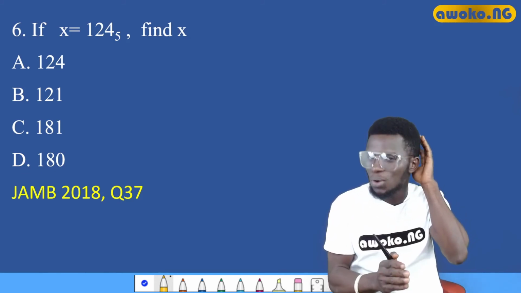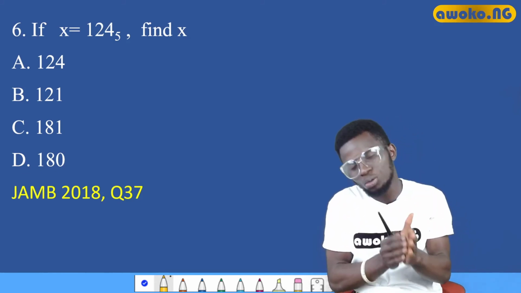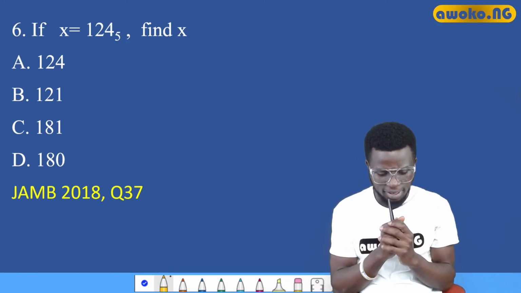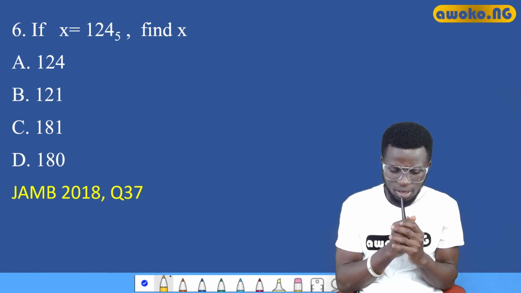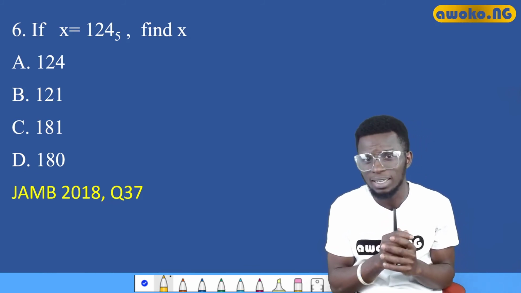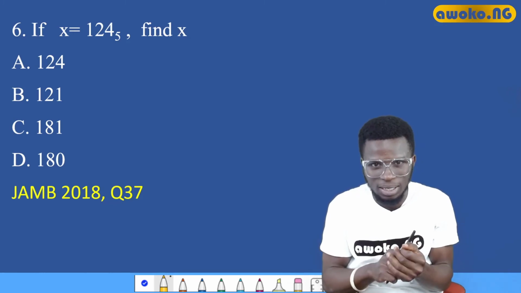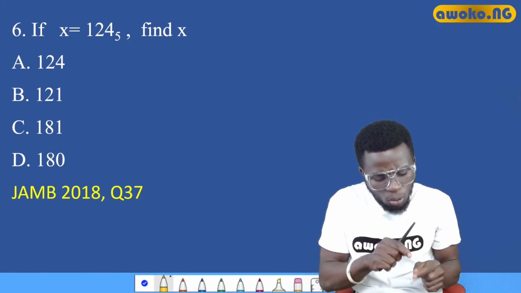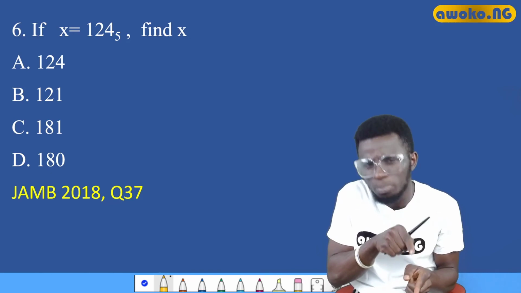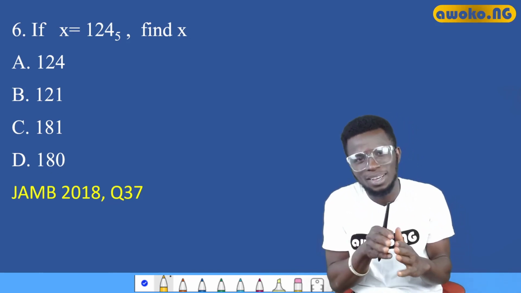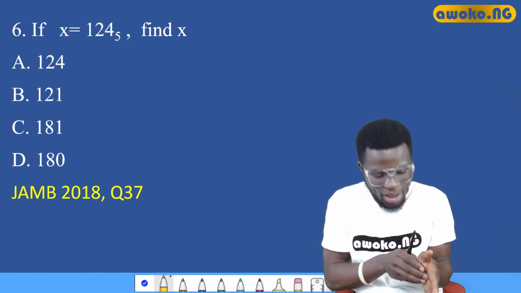If x is equal to 124 base 5, then find the value of x. Okay, how do we go about this? I said the default setting is base 10. So I have to convert this particular number in base 5 to base 10, and of course it's going to give me the value for x. Why?